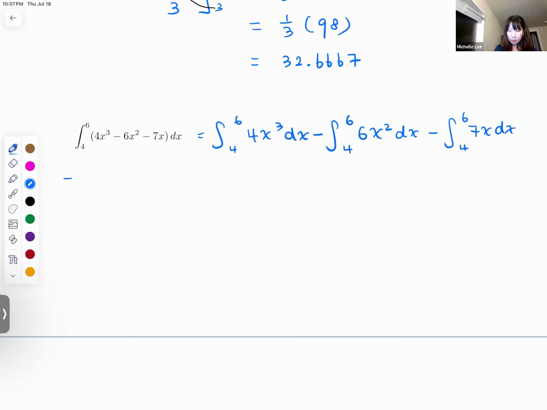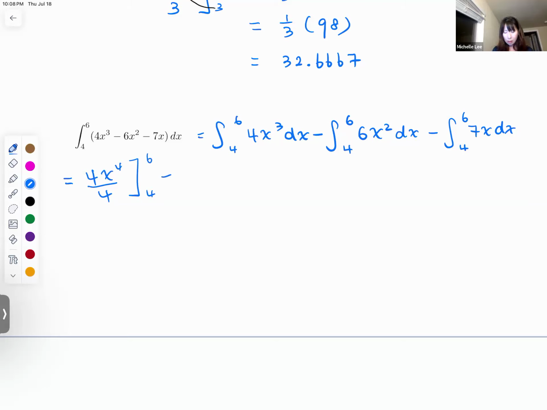Now for the antiderivative, we keep the coefficient, and then we add 1 to the power and divide by the new power, and we want to evaluate from 4 to 6.